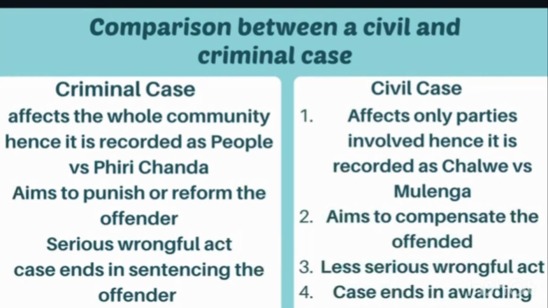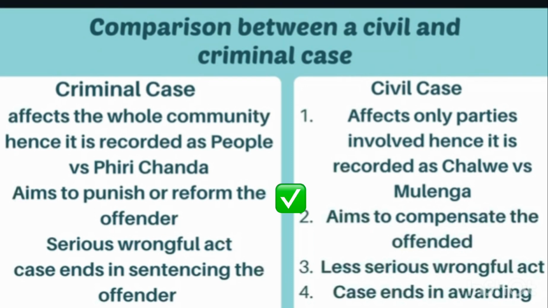For a criminal case, it's People versus Piri Chanda because Piri Chanda committed a crime against the people. A crime that Piri Chanda committed affects the interest of the whole community. But for a civil case, the wrongful act that Chalwe committed only affects Mulenga. That's why it is recorded as Chalwe versus Mulenga.